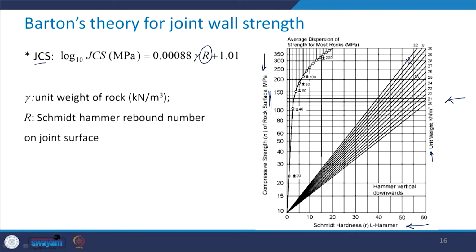You can pick a value of R, say 40. So, you have it here, and let us say the gamma value is 20. You take it to this side and you will get the value 50 MPa.